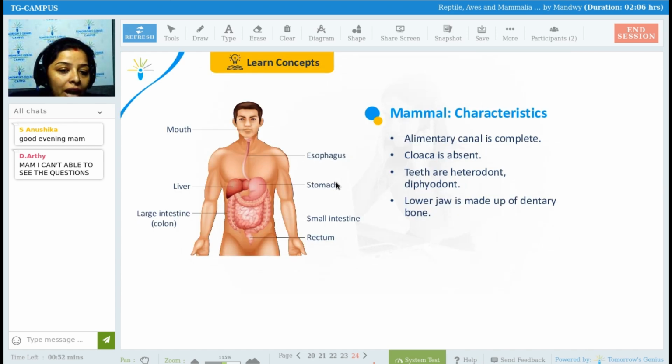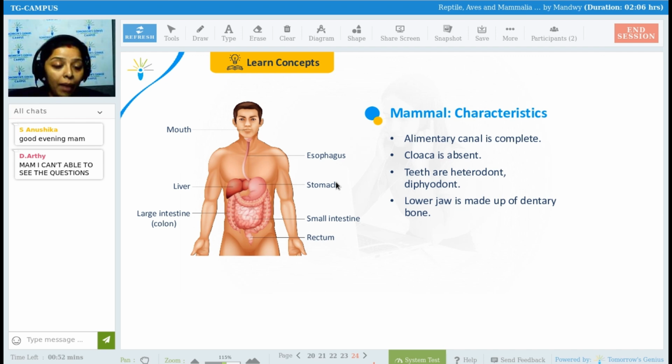Okay, now let's see another characteristic, the alimentary canal. Mammals have a complete alimentary canal. None of the animals have a cloaca. Cloaca is absent. So we have a particular opening for particular excretion.